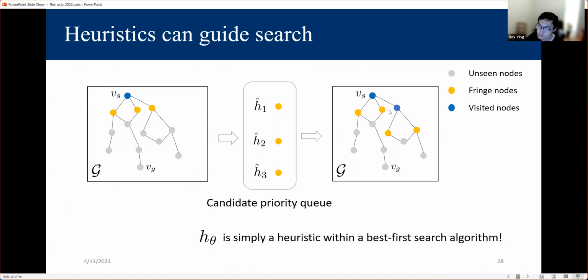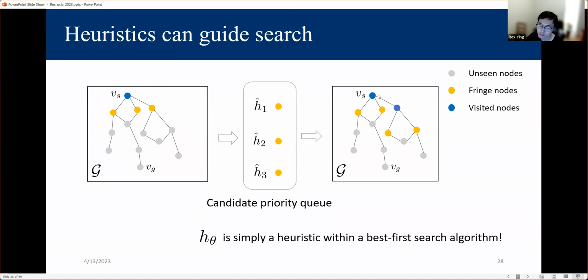So here I've colored all these search nodes in various colors. The gray ones are unseen nodes, so the search space can be enormous, and we don't necessarily know every single one of them, right? It can be exponentially large. And the yellow nodes are the fringe nodes, which are adjacent to the visited nodes.